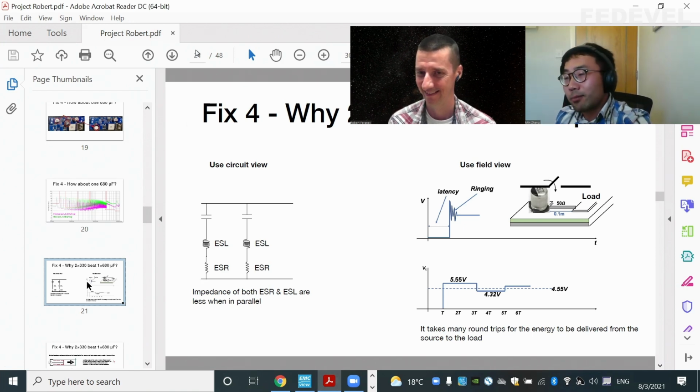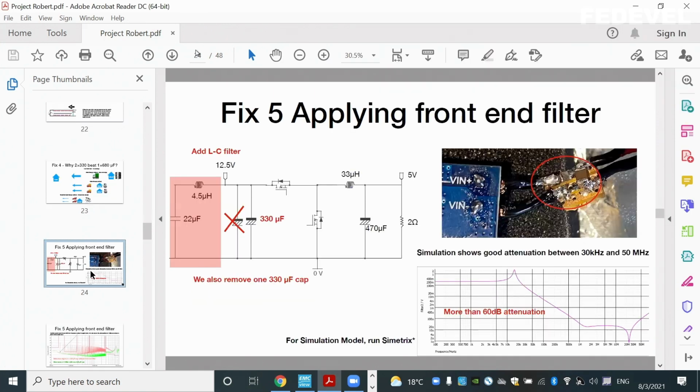Then we can explain it: with two 330 microfarad capacitors, you will have two inductors in parallel, which is the ESL, and the ESR will be in parallel. So overall, you reduce the ESL and the ESR. Effectively, you reduce the impedance in the loop, so your performance is better, which is the simple way of understanding it.